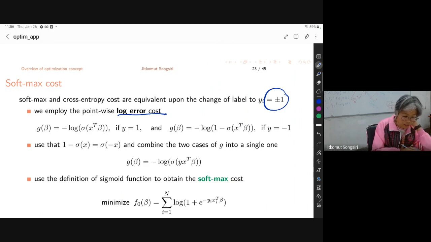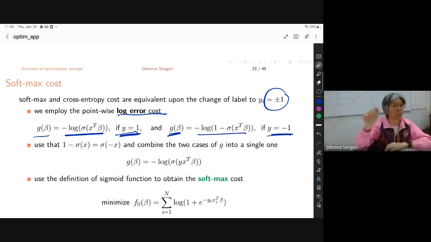You define the cost as a function of minus log of this expression when you're in this class, and another expression when you're in the other class.